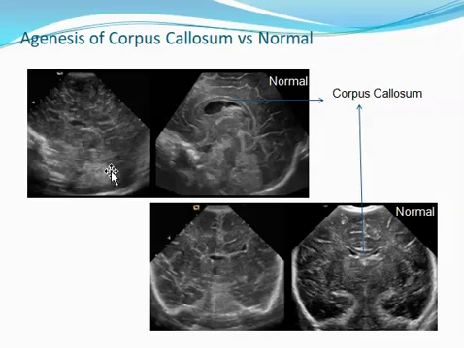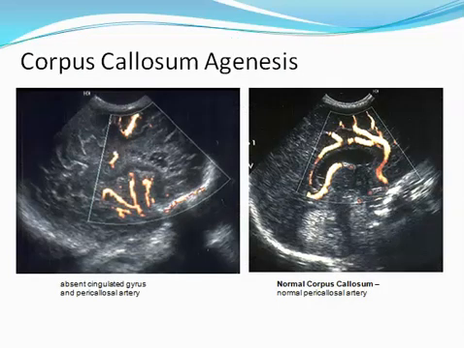So whenever you find any pathology, put it in dual mode where you can show both the coronal image and the sagittal image. Now, if you put the color Doppler on this image, you will see the absence of the pericallosal artery. This is the normal, and look at over here. In the case of corpus callosum agenesis, you will not see the nice pericallosal artery.